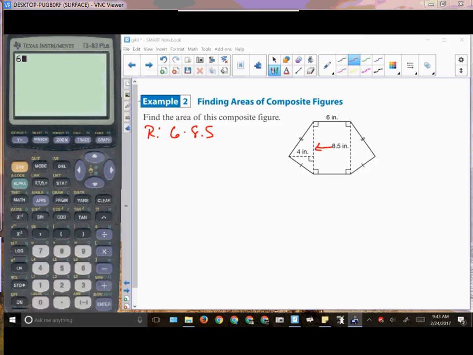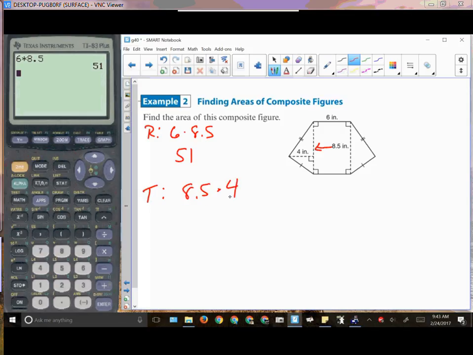So I got 6 times 8.5, and I end up with 51 for that one. Now for the triangles, would I use 8.5 as the base? Would that work?